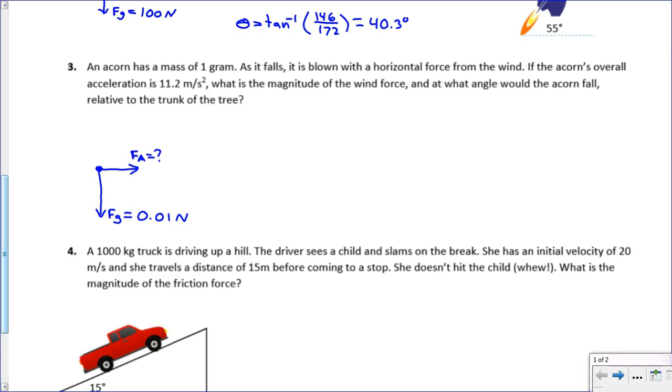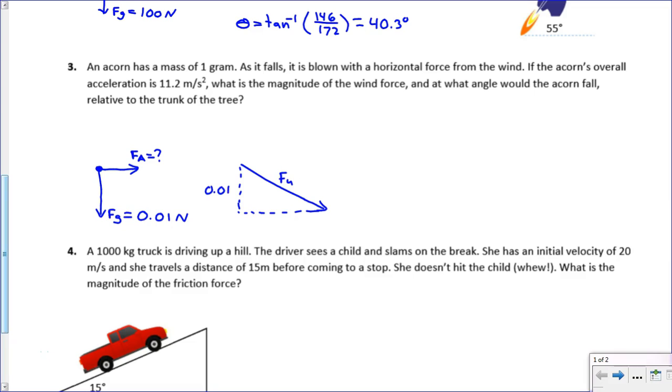Sorry, so we're going to make an unbalanced force diagram again. It's going down and to the left. We don't know the side lengths of it just yet. We know actually the down part of it is 0.01. All right, but we don't know how much leftward we've got.